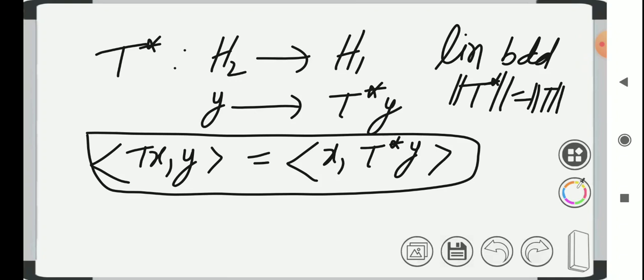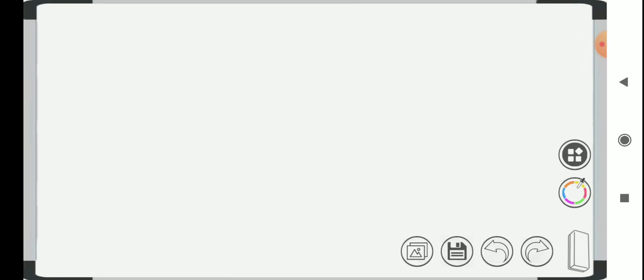First we will show that this is a linear mapping. That is, we have to take two vectors in our Hilbert space H2 and corresponding scalar multiplication, the condition for linearity. Now let us show that T star is linear.